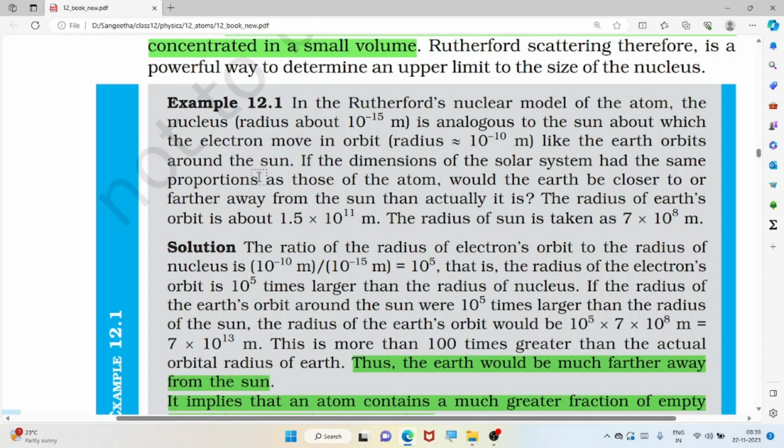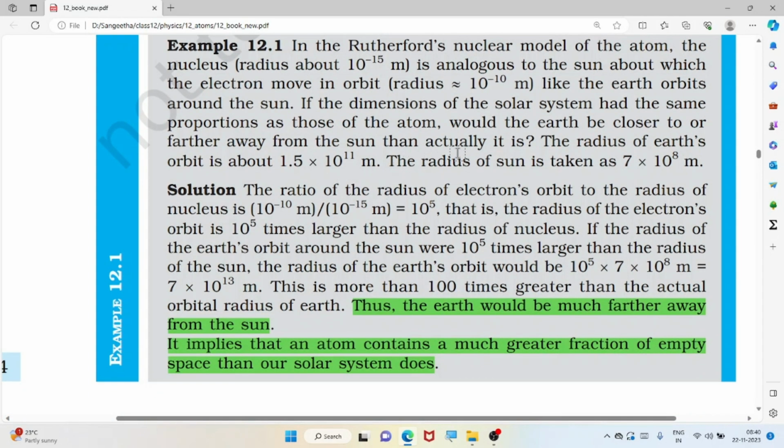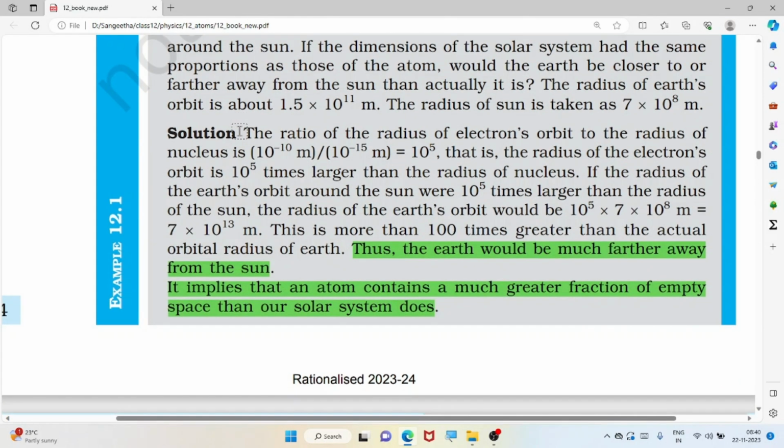If the dimensions of the solar system had the same proportions as the atom, with the sun like the nucleus and the earth like an electron, would the earth be closer to or farther from the sun than it actually is now? The radius of the earth, the radius of the sun, the radius of the electron's orbit and the radius of the nucleus, which is 10 power.